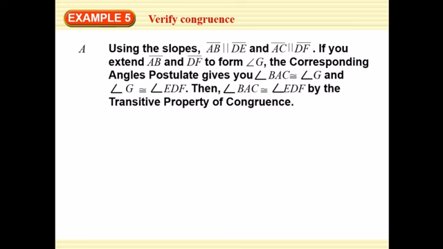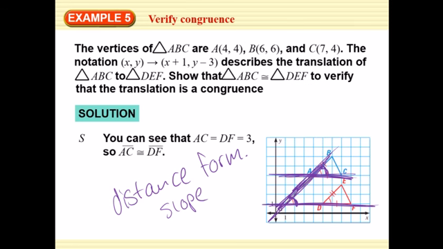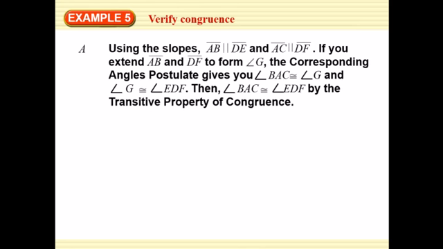So actually writing out what I have, if I'm extending AB and DE, using this as my transversal, I have one set of congruent angles. Extending the other ones, I will end up with that set of congruent angles. So then by the transitive property, I know that those two angles are congruent.